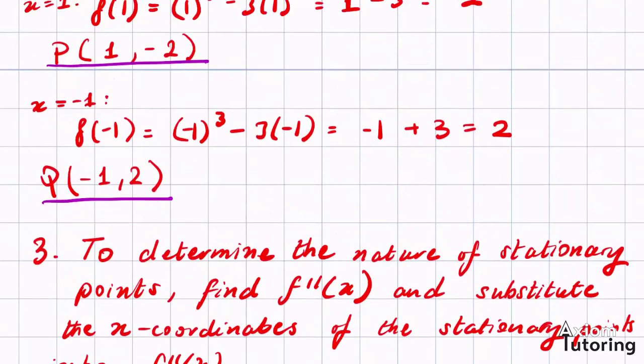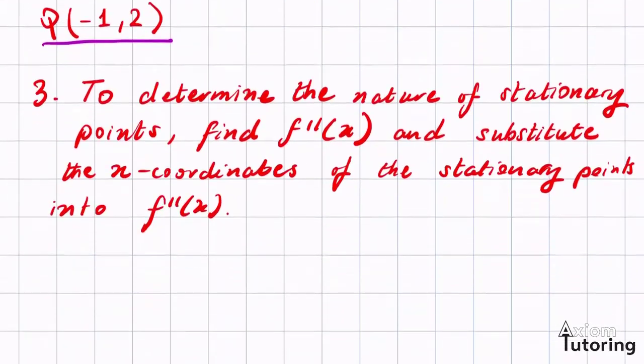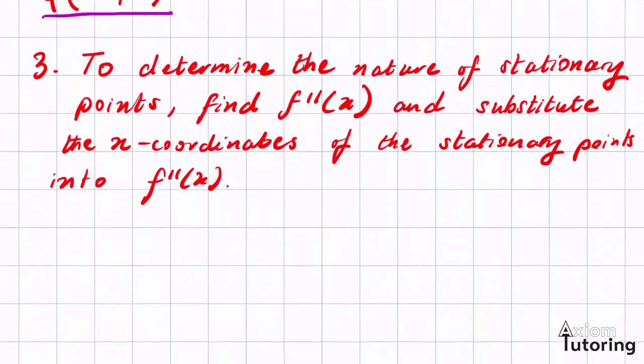So we're going to substitute in x equals 1 and x equals minus 1 into our second derivative function, and then look at the values we get. By comparing those values to what we've seen in our previous videos, we can determine if these are maximum or minimum points, or if they are neither and we have to inspect the point further.